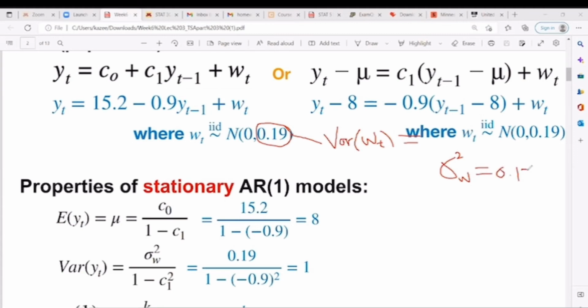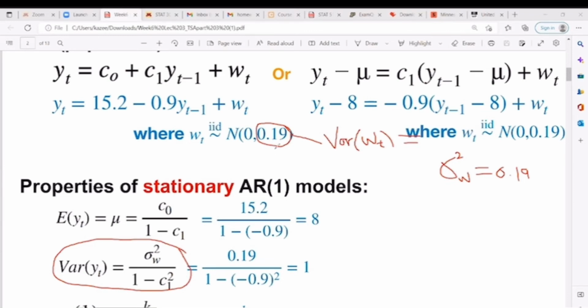If you look at the formula here, the variance of YT, the variance of the autoregressive model of order 1, is the ratio of the variance of the noise divided by 1 minus C1 squared.